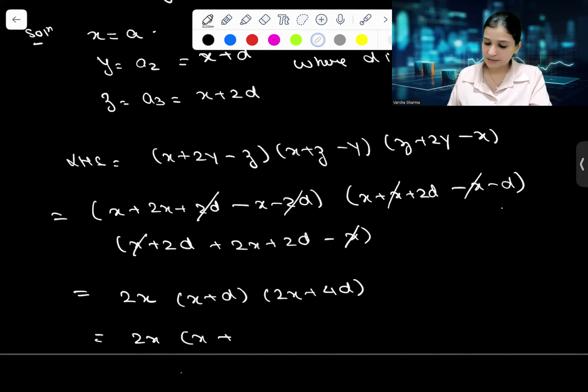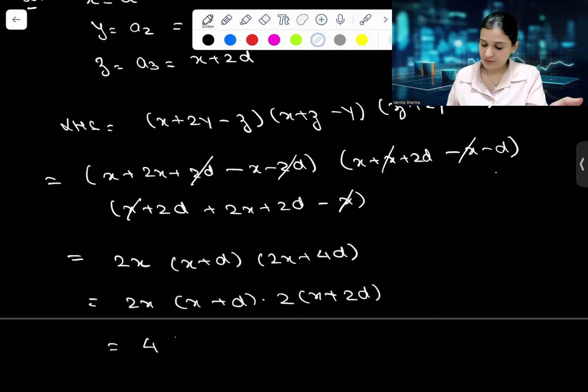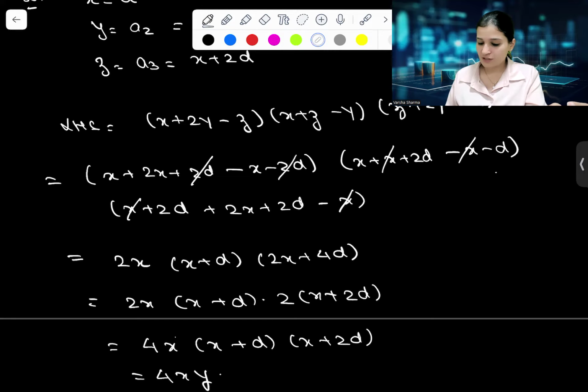Taking 2 common in the third term. So this is 4 x, x plus d, x plus 2d. So 4x, y, z, which is our RHS. Yes? Yes, ma'am.